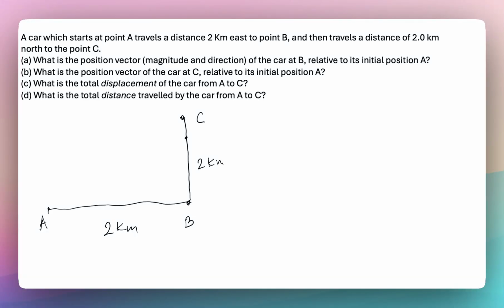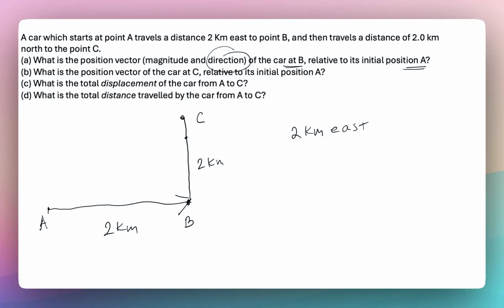What is the position vector, magnitude, and direction of the car at B? So when the car is at B, it is asking, relative to initial position A, what is the magnitude of the position vector? As you can see here, the magnitude is 2 kilometers and the direction is east. Okay, so this is our displacement or position vector with respect to A to B.